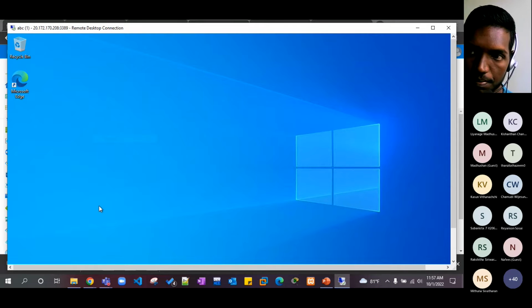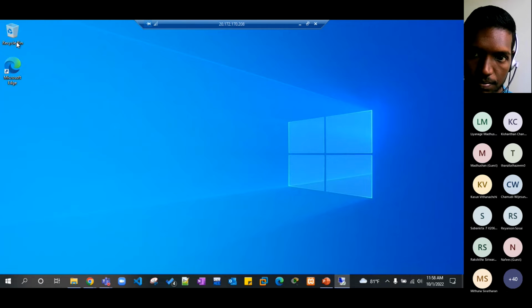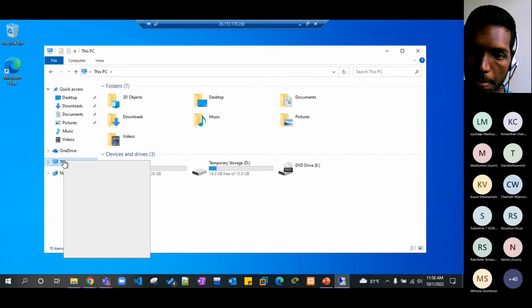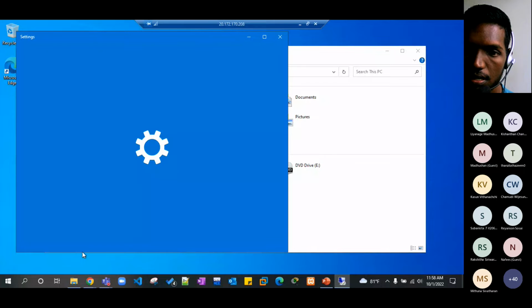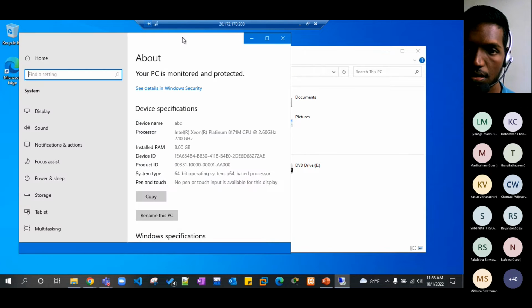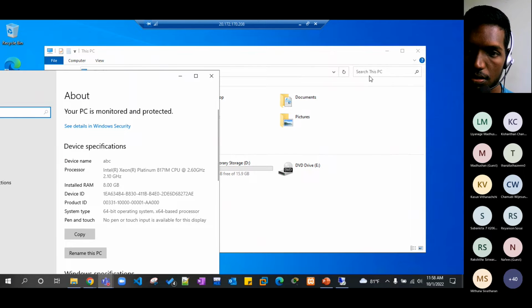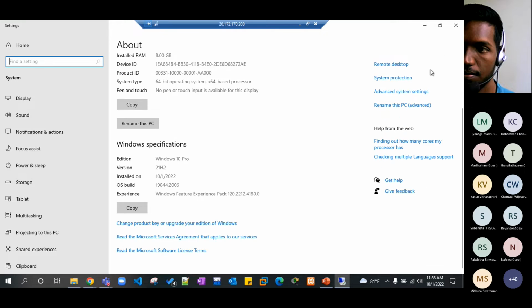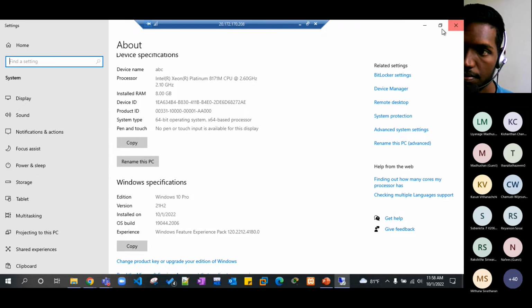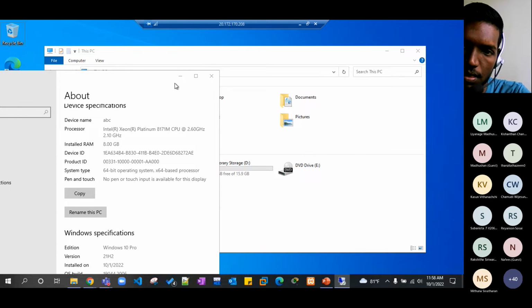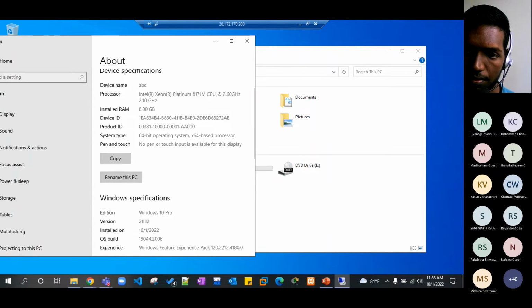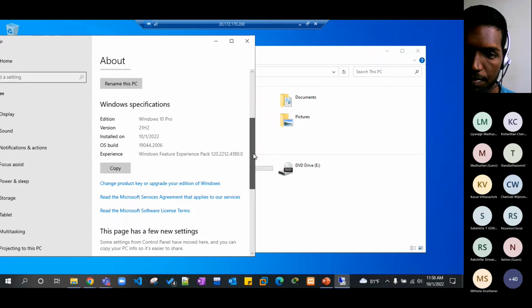Here you can see the device name I named ABC, and this is the kind of configured system I currently have.